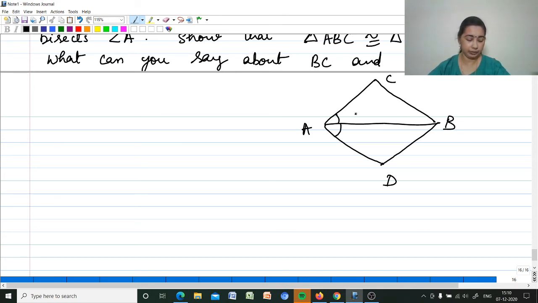In the quadrilateral, given that AC is equal to AD, these two lengths are the same, and AB bisects angle A. That means these two angles are the same. Then show that these two triangles are congruent triangles.